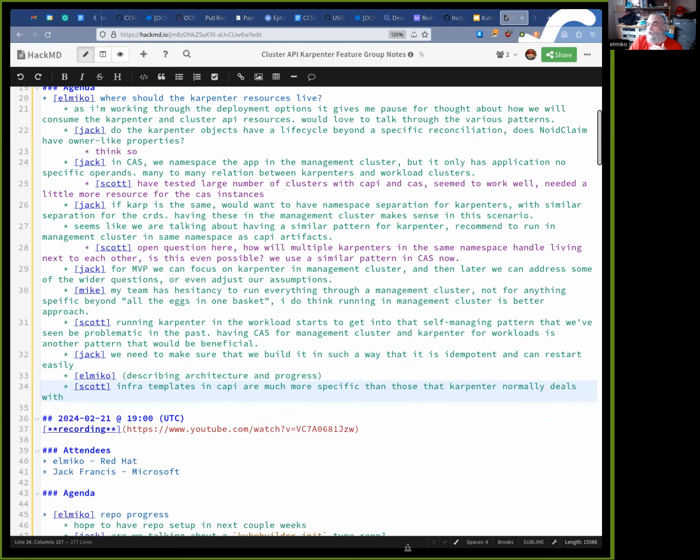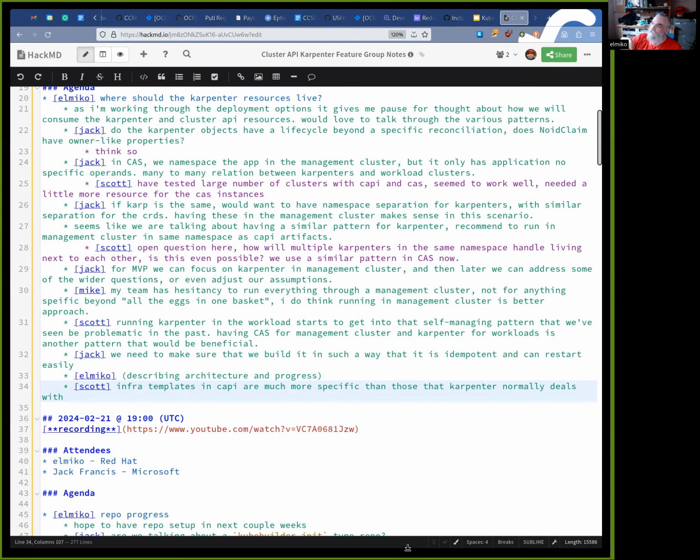But in the future, what I would love to see happen is maybe there's a way that we can come up with some way to label or annotate the infrastructure machine templates so that we could start to build a language that Karpenter could understand, so that we wouldn't necessarily have to be so verbose with a lot of these things.